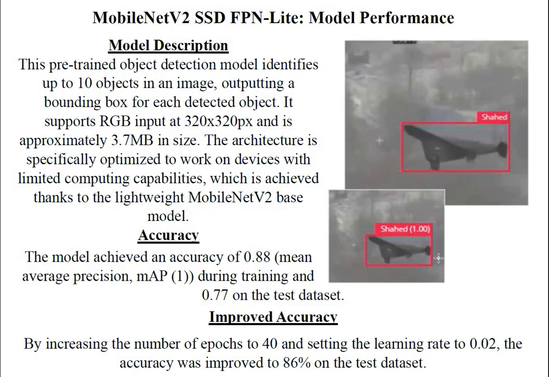And the architecture is specifically optimized to work on devices with limited computing capabilities, which is achieved thanks to the lightweight MobileNet version 2 base model. Accuracy during the training phase and testing: the model achieved an accuracy of 88% mean average precision.